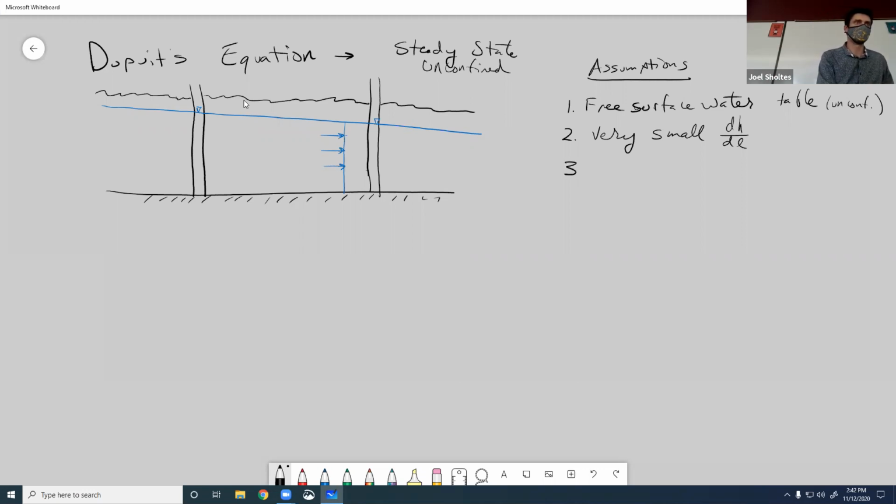So this also means that the streamlines are parallel. Streamlines are parallel to each other. So streamlines are just, if you were to put a dye in the water, that dye would slowly make its way in a parallel fashion with any other point of dye that you would introduce into the aquifer. So they're parallel to the water surface.